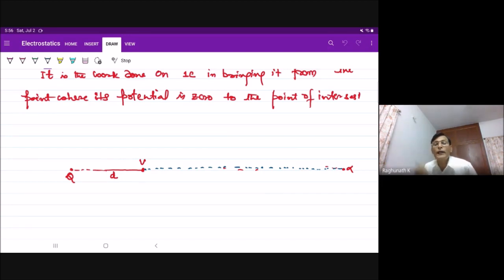Now, I will consider a simplest path. I want to determine the potential at this particular point. I will extend the line and go to infinity first. Let us say this is the positive x-axis. I want to know the total amount of work done in bringing unit positive charge from infinity to the given point.